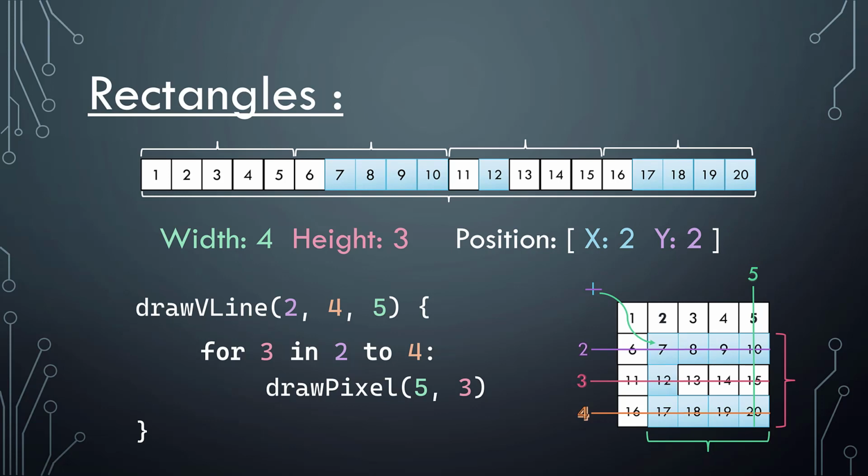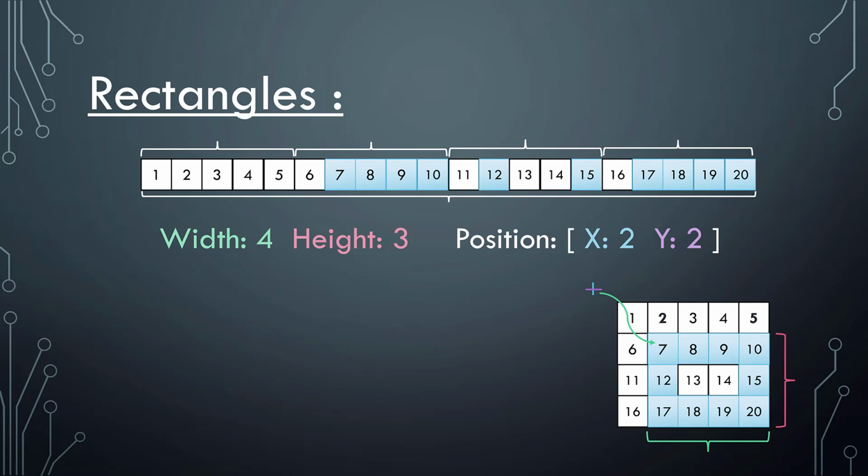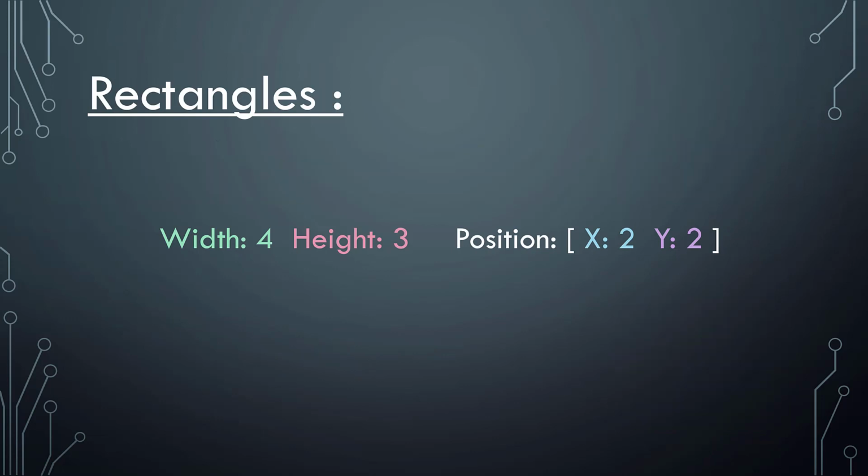Second pixel is going to be column 5 row 3, which intersects in pixel number 15. We put a pixel there, and then go to the next one. It's 20, we've already been there, we draw another pixel over it, and that's it. We have our rectangle.